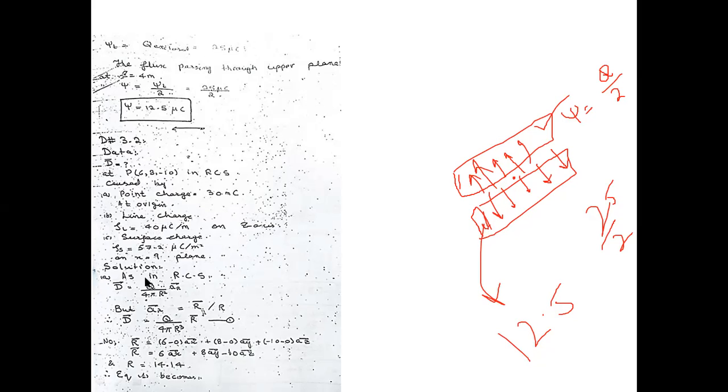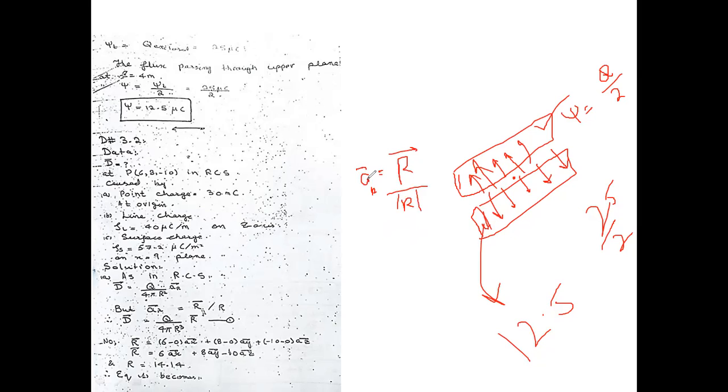Okay, so in the rectangular coordinate system, D is equal to q by 4 pi r square, in the direction of the ar unit vector. As we know, the unit vector ar is equal to the position vector r divided by the magnitude of that position vector.